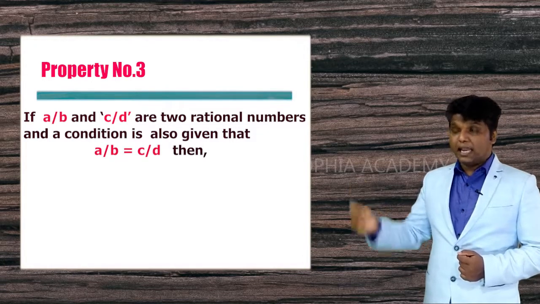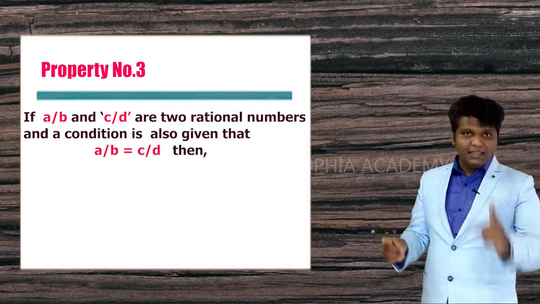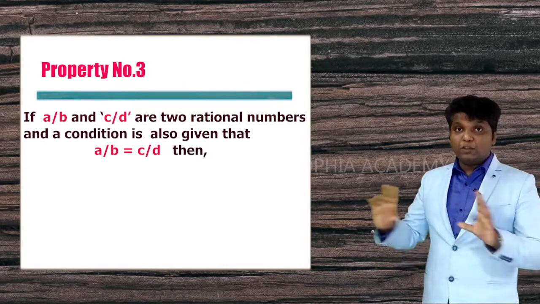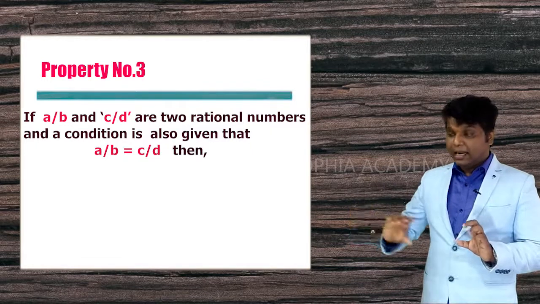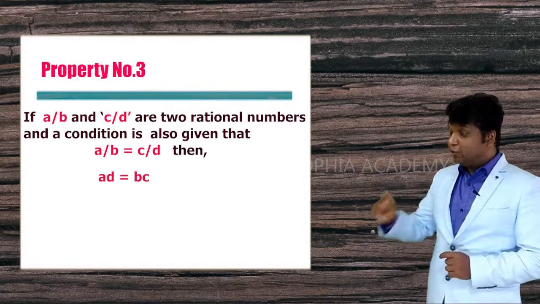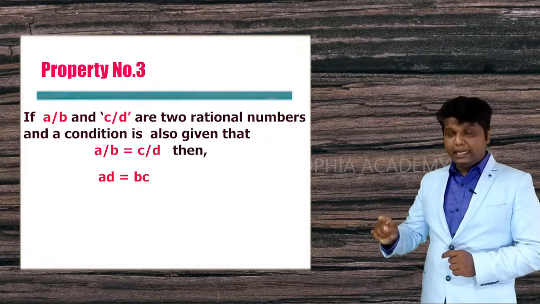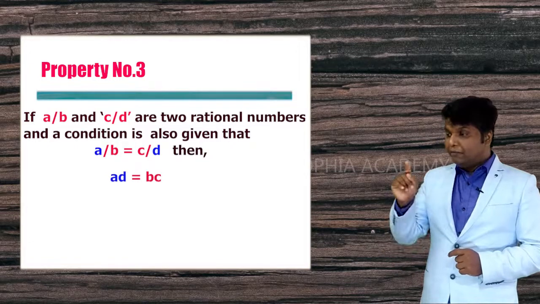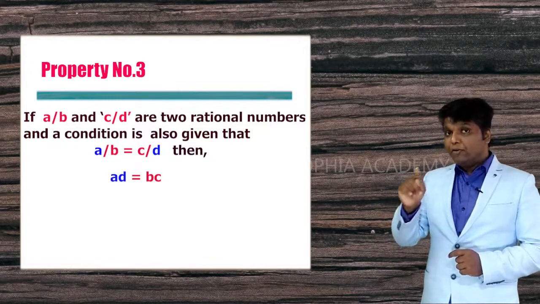If two different fractions are given that are equal to each other, then in that case AD is equal to BC, means A into D, the numerator of the first and the denominator of the second fraction, will be equal to the product of the second one.